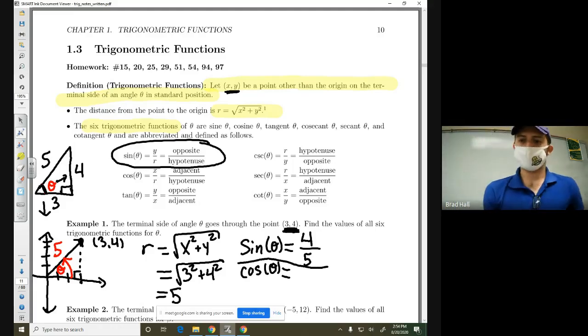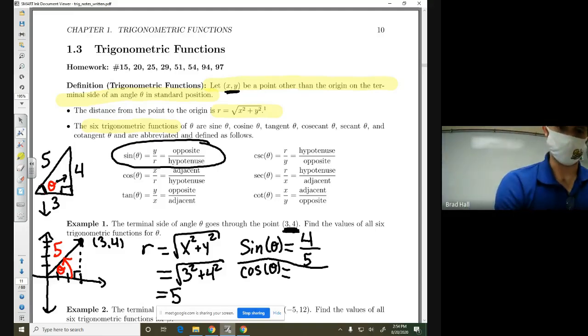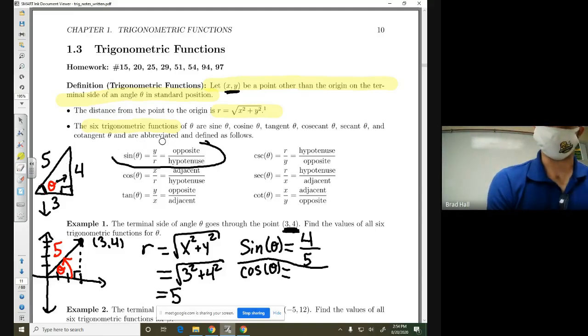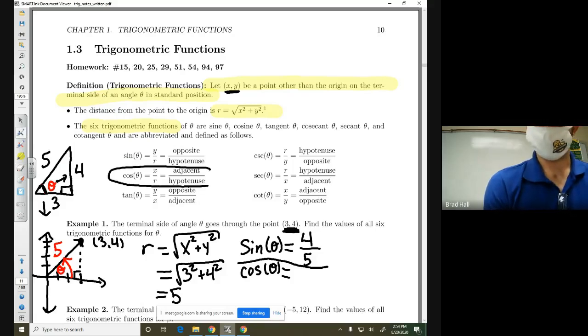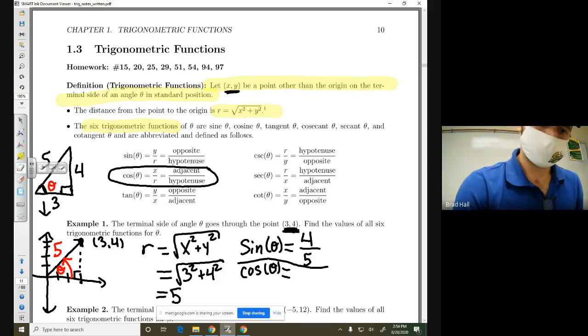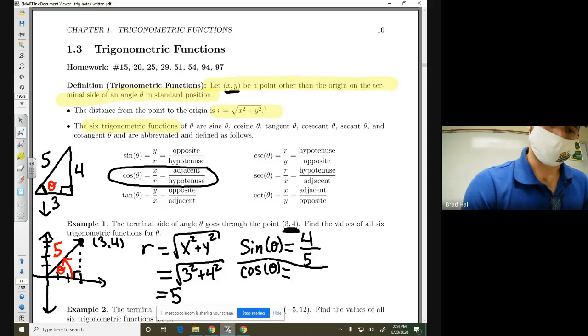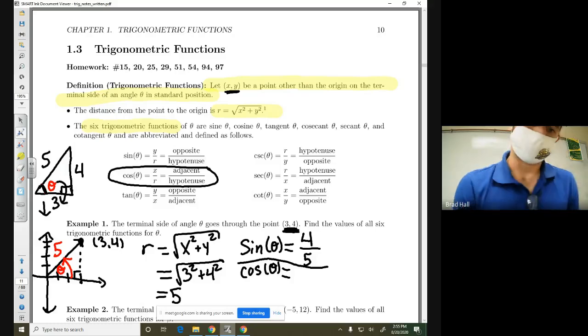Cosine of theta doesn't use opposite as its terminology, it uses adjacent. So what does adjacent mean in general? It means next to. So not across, but next to.